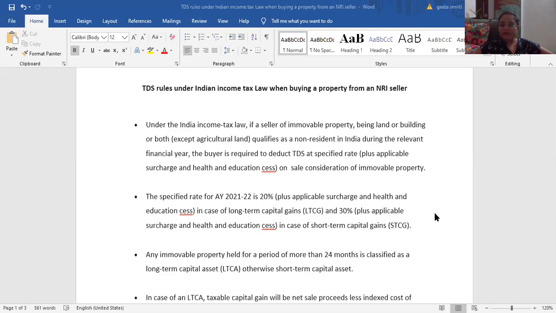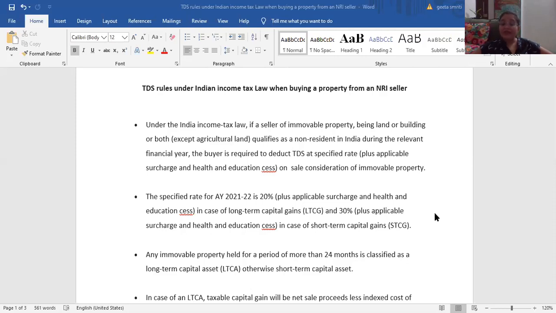Whenever any immovable property is held for a period of more than 24 months, then it is called a long-term capital asset. And whatever gain occurs on sale of such a long-term capital asset is called long-term capital gain. Otherwise, it will be a short-term capital asset. Means if held for less than 24 months, then it is a short-term capital asset, and the gain occurring on sale of such an asset is called short-term capital gain.